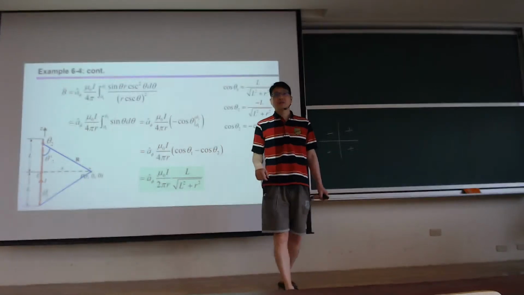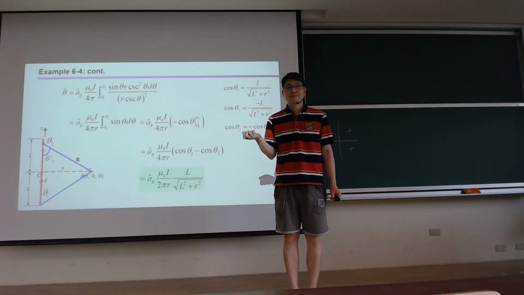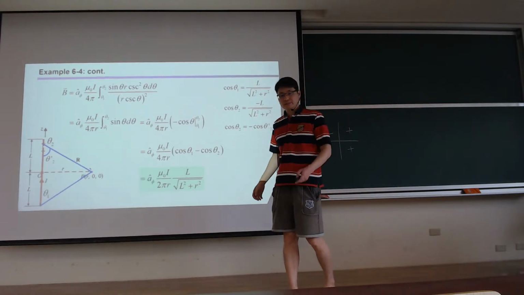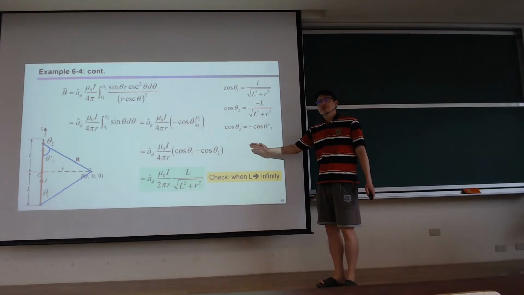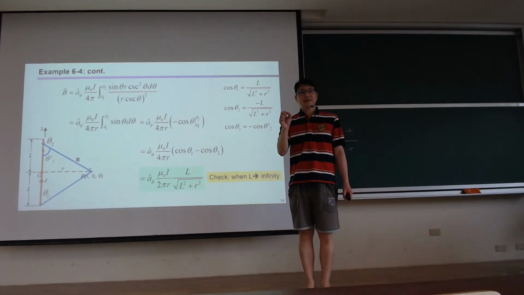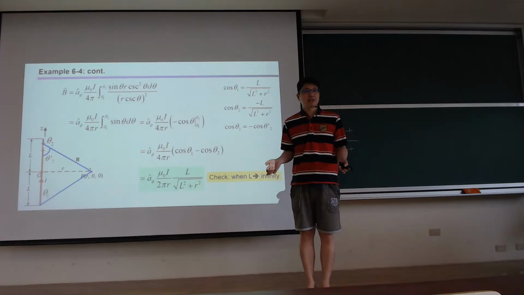If you compare the result we got using Ampere's circuital law, they are identical. Okay? So whenever you perform some calculation, at the end, don't just close the book or turn in your homework or examination.